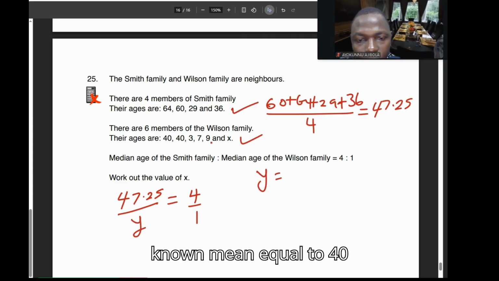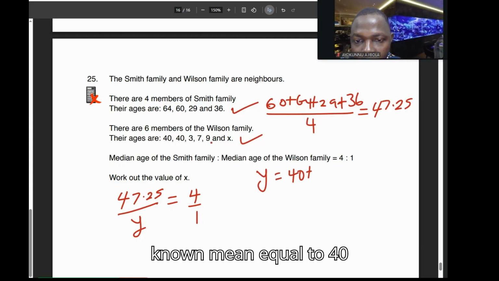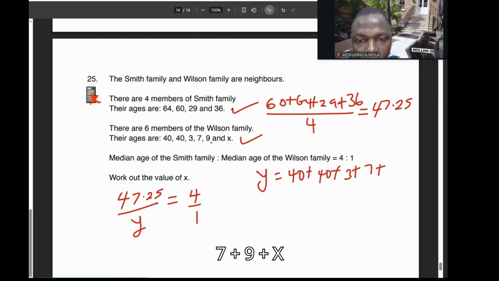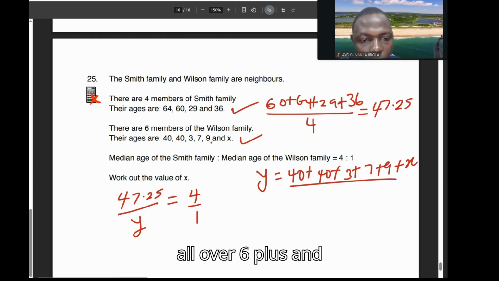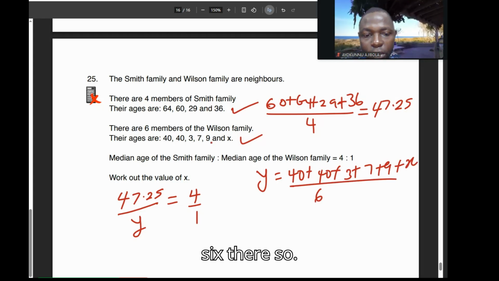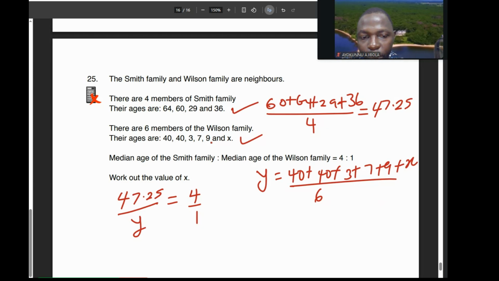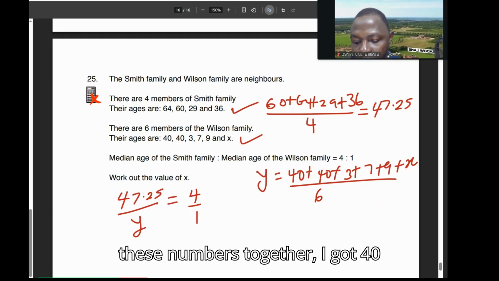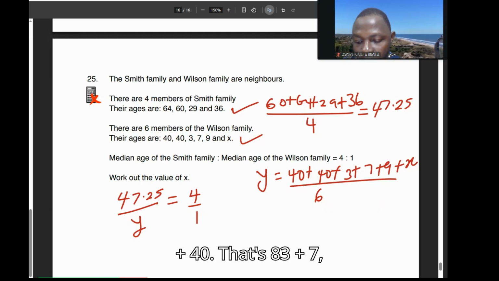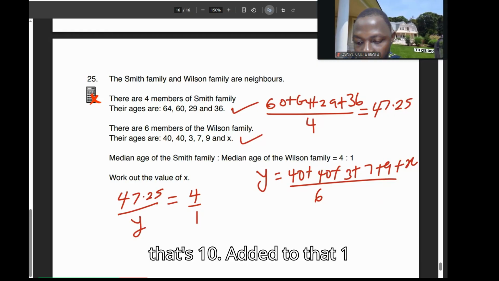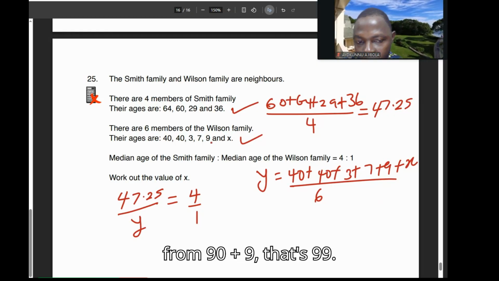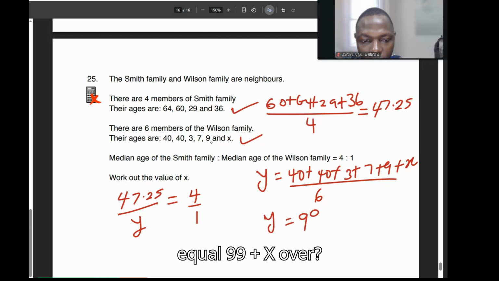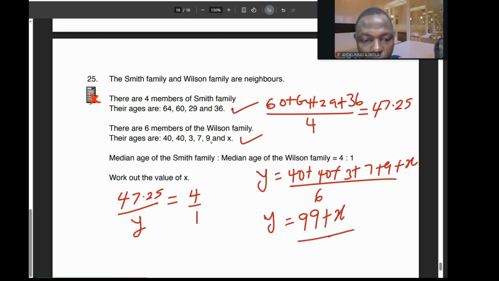The unknown mean equals 40 plus 40 plus 3 plus 7 plus 9 plus x all over 6, because there are 6 there. If I add all these numbers together, I got 40 plus 40, that's 80. 3 plus 7, that's 10. Added to that one becomes 90, plus 9, that's 99. So 99 over 6. So y equals 99 plus x over 6.